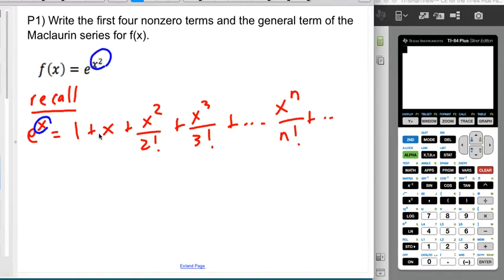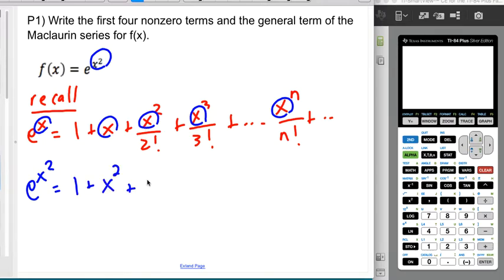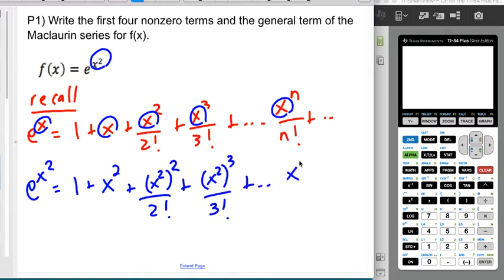So, anywhere I saw an x, it's an x squared now. That's the whole deal. So e to the x squared is 1 plus, instead of an x, an x squared. Plus, instead of an x, x squared squared over 2 factorial. Plus x squared cubed over 3 factorial. Plus dot, dot, dot, x squared to the n over n factorial.